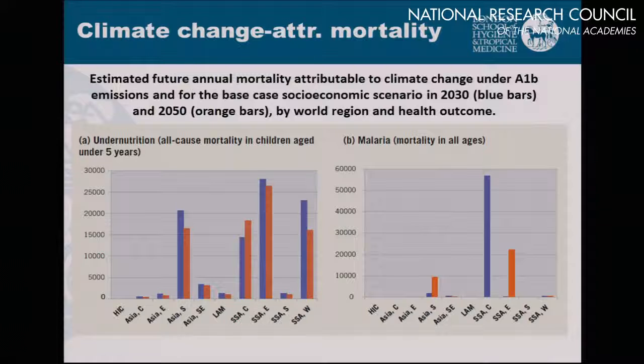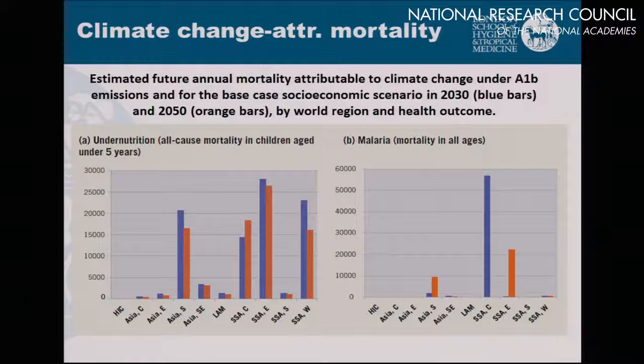And you can see clearly that it goes down from 2030 to 2050, and that's because of the underlying mortality decline, okay? So although climate change is increasing, and the crop yield changes are more dramatic, the fact that you've got less of a population at risk of malnutrition is what's driving those estimates.